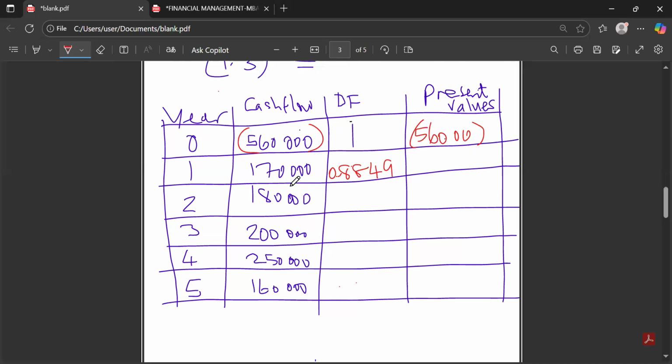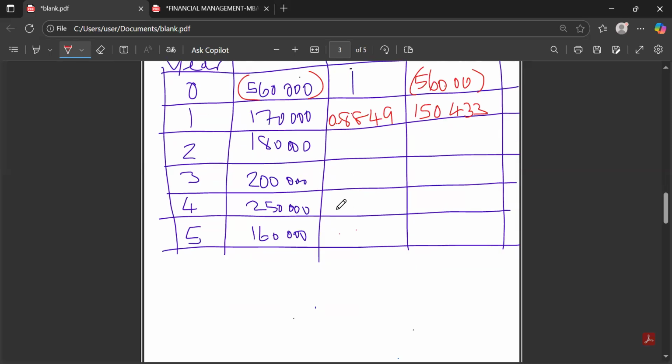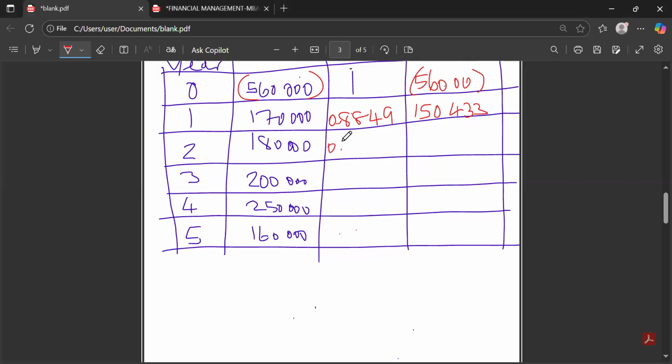What are we getting? 150. 433. Find for me the rates for the other ones. 0.7. 0.787831.